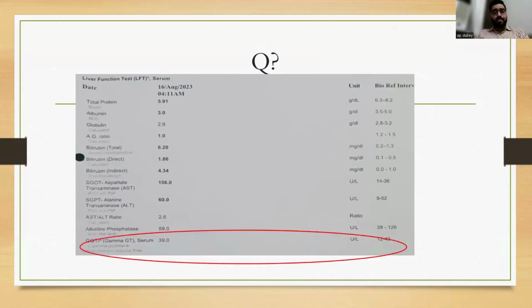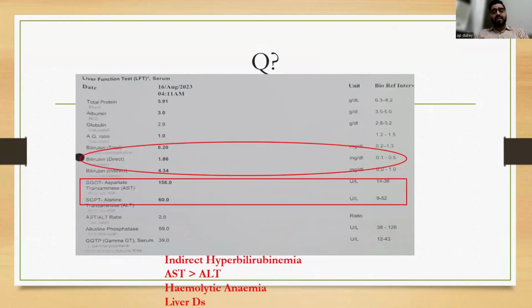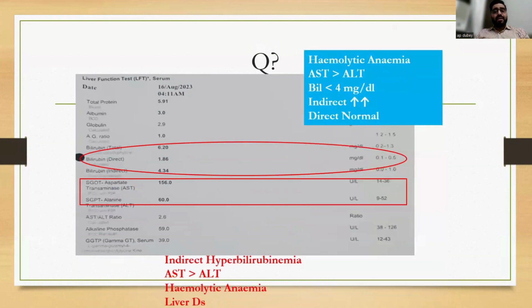But we should remember a few things in hemolysis. In hemolytic anemia, the serum bilirubin will never go more than 4 milligram per deciliter. The indirect fraction will be higher than direct, that is fine, but direct will be normal. Here, direct is also raised. So although the patient shows all the manifestations of hemolysis, a few things do not favor hemolysis.